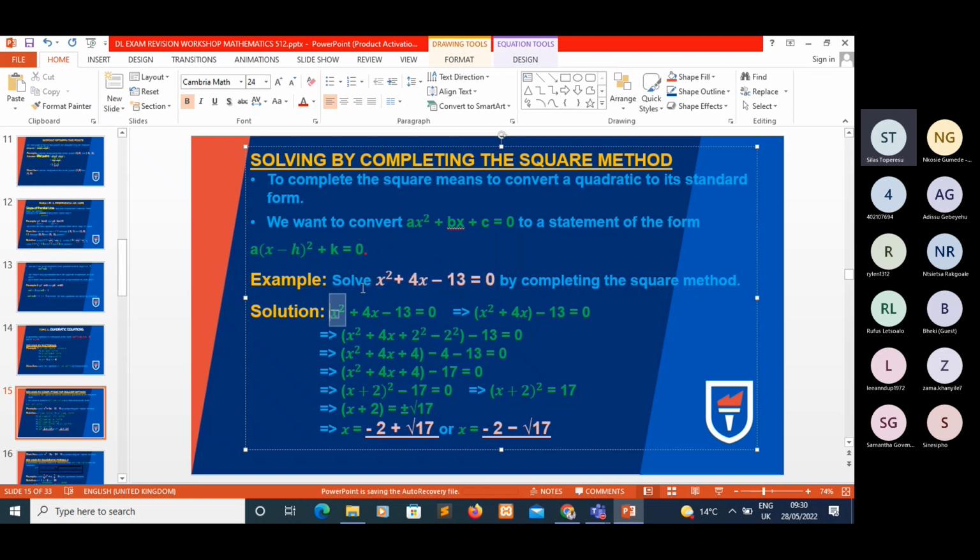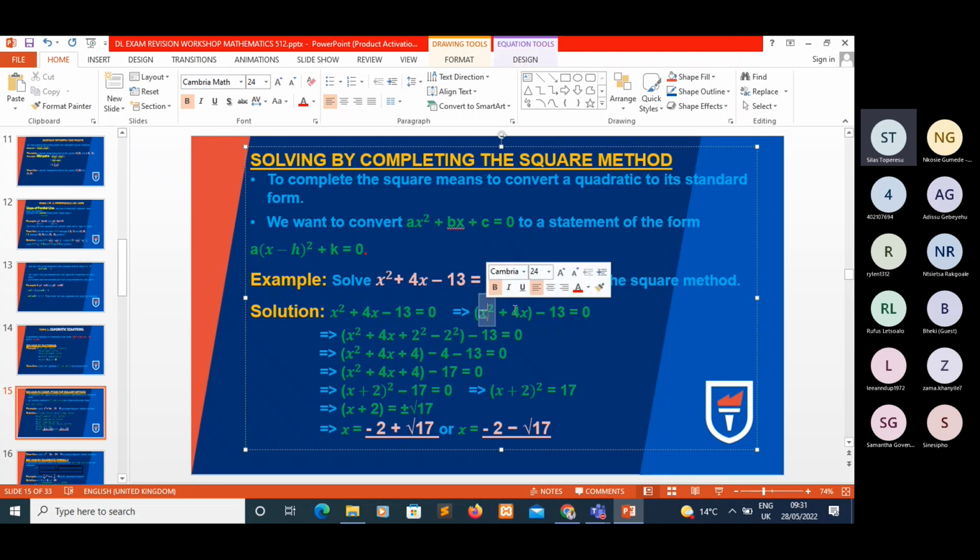It says solve this one using the completing the square method. How do you change it? You have this equation in this format, but you need to change it step by step until you get to this form. The first thing you have to do is split those terms that have an x value and group them together.